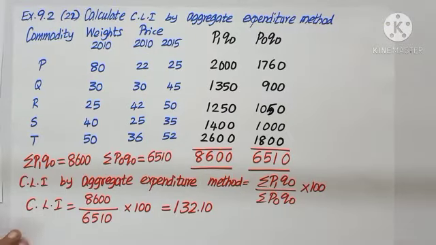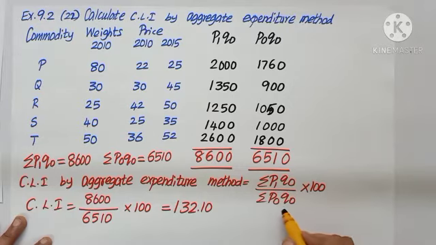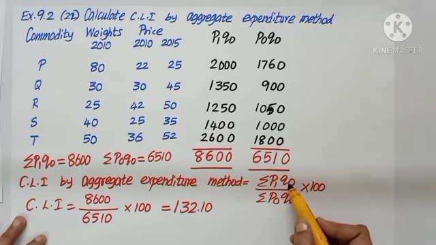Question number 22. Calculate the cost of living index number by aggregate expenditure method. Aggregate expenditure method, the formula is sigma P1 Q0 by sigma P0 Q0 into 100. So what are we supposed to mark in the question? P1 current year price, P0 base year price, and Q0 base year quantity.